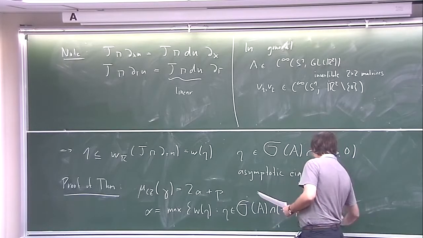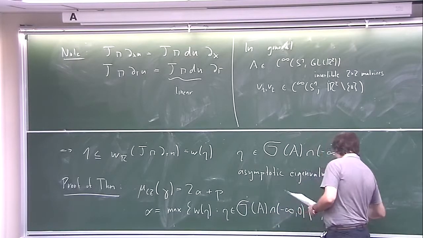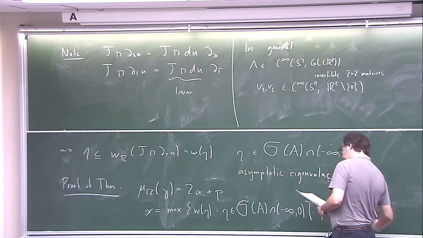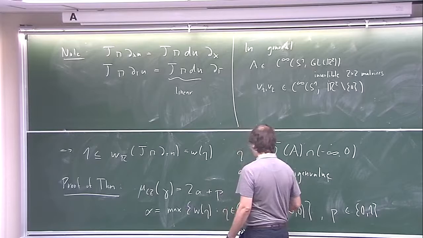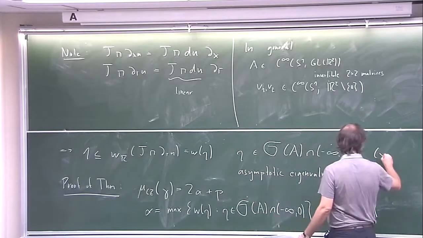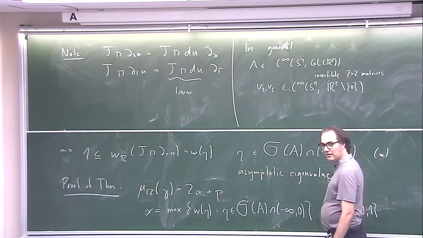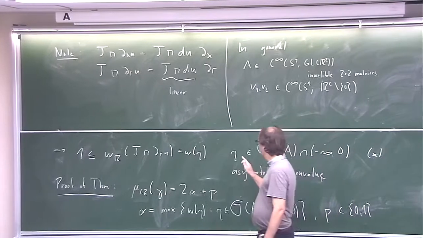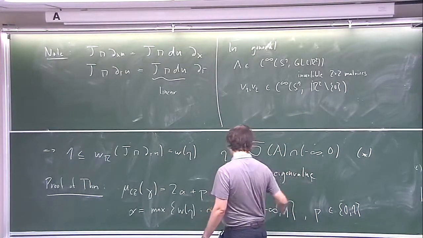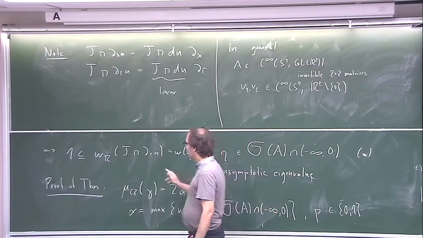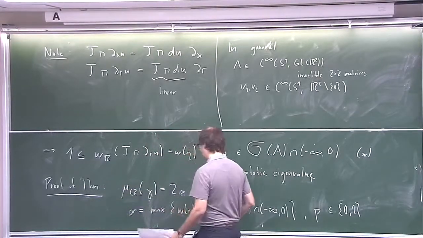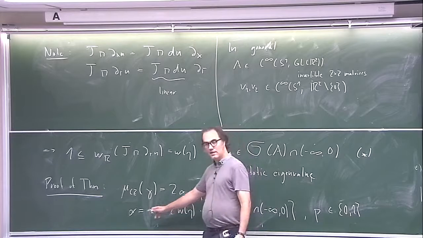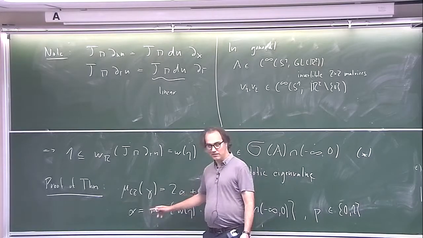And the parity p is either 0 or 1. And now, by this formula, we found one eta which is negative and has winding number bigger or equal to 1. So we conclude that alpha is bigger or equal to 1.